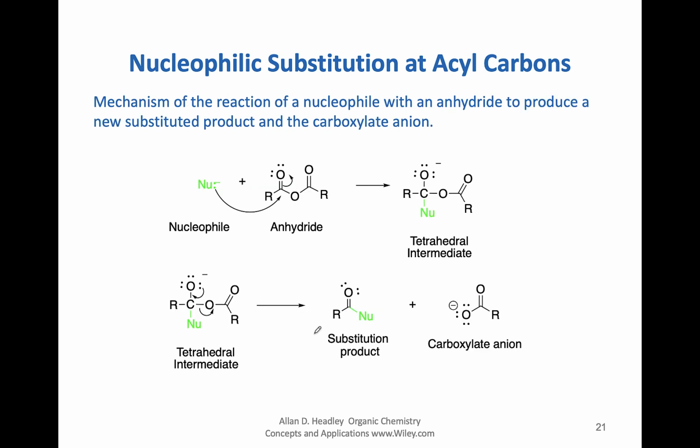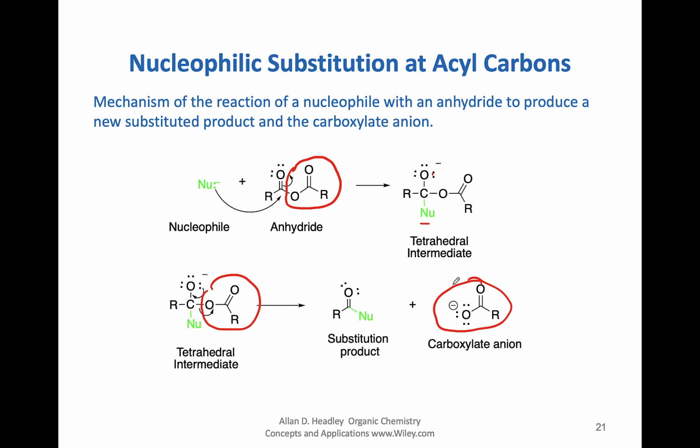Okay, let us look here at the reaction with an anhydride. So here is the anhydride. This is a good leaving group, as you can imagine. So we have here the tetrahedral intermediate. When these electrons come back in, this leaves, and this is the carboxylate anion.